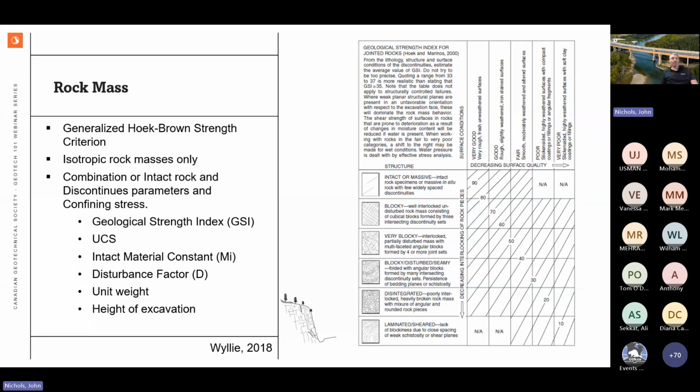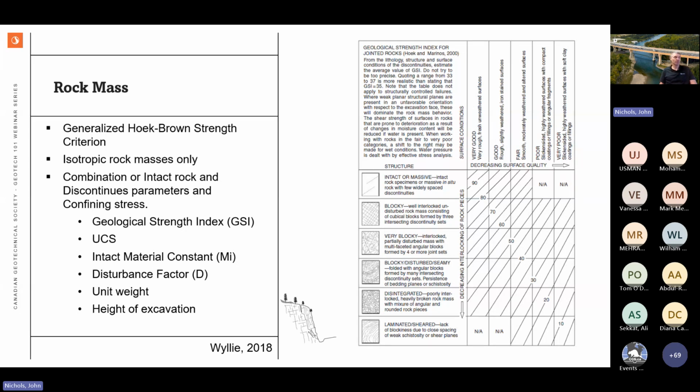This criterion was developed in the 80s. Initially, it used RMR, okay? In 1984, it switched over to GSI and became the generalized Hoek-Brown. We use certain parameters, and this is the accepted method to come up with the Mohr-Coulomb friction angle and cohesion of this rock mass, and how we can cut it at certain angles and heights for it to be stable.